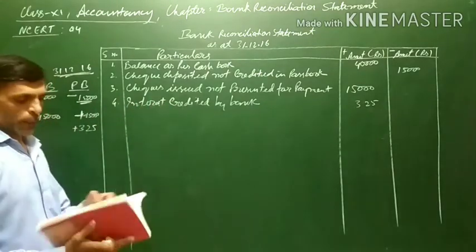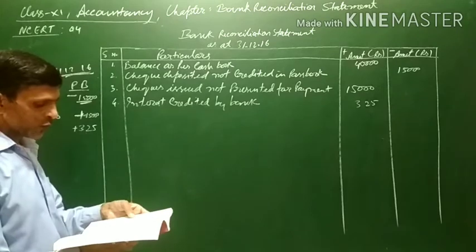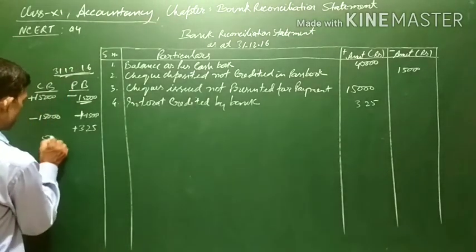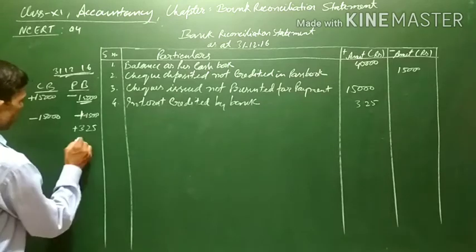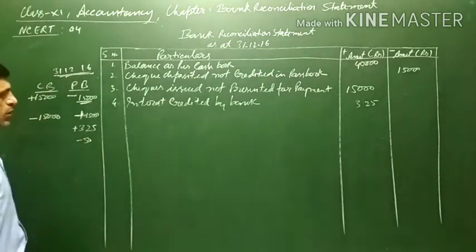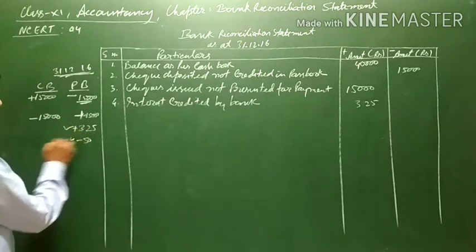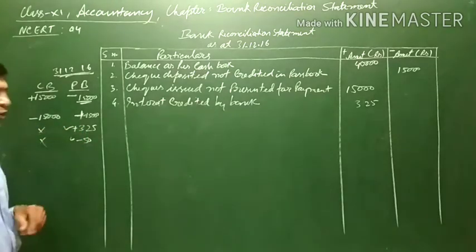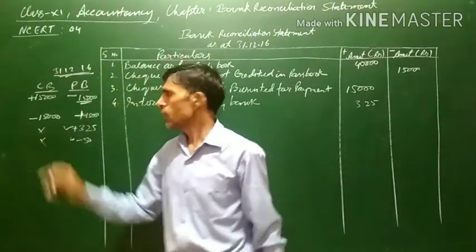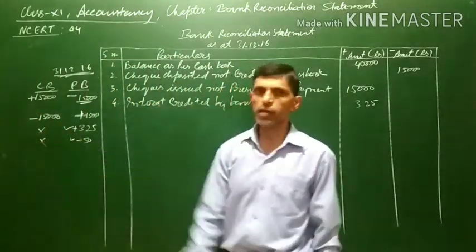There is also a debit of 50 for bank charges. There was a 50 rupee debit in the passbook, and these two things were not recorded in the cash book.